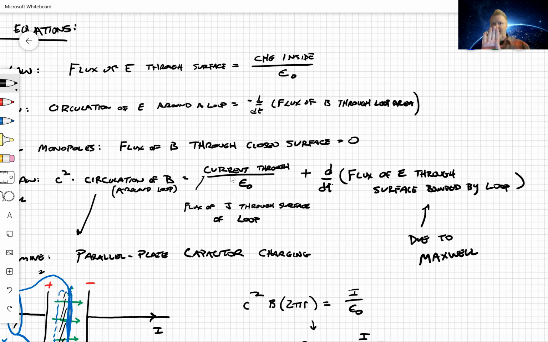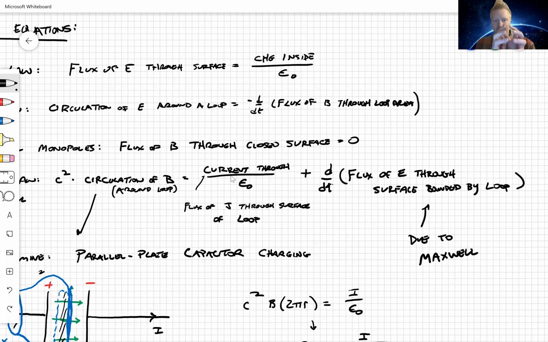which I'm going to look at again in my first loop here. And I'm going to say, well, that magnetic flux is changing through this thing, which causes a circulating electric field. But that circulating electric field is fluxing through this loop, which causes a circulating magnetic field, which fluxes through this loop, which causes an electric field, which circulates around this loop, but fluxes through this loop. So do you see what's happening here?